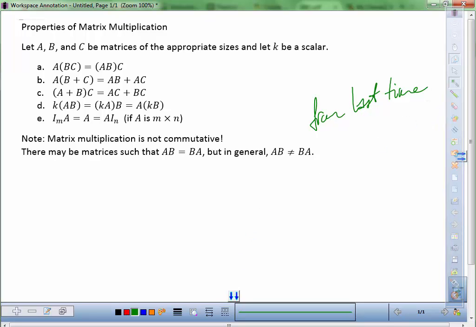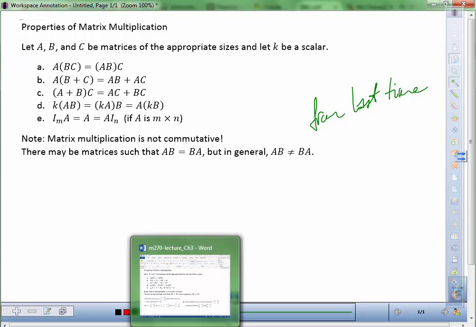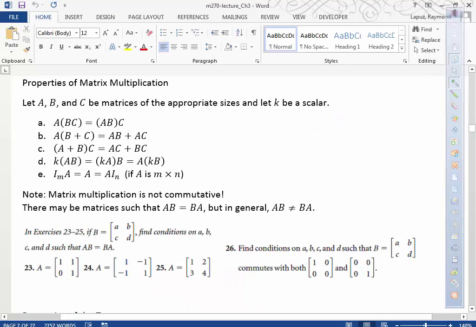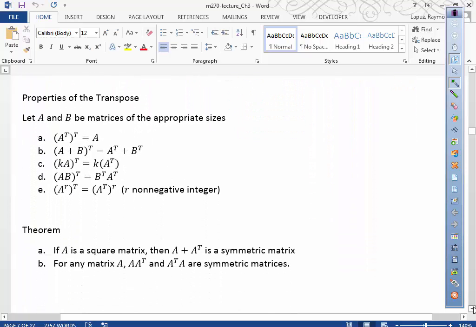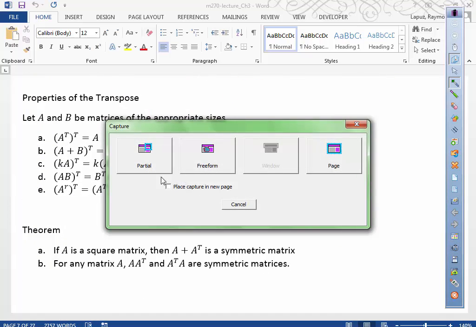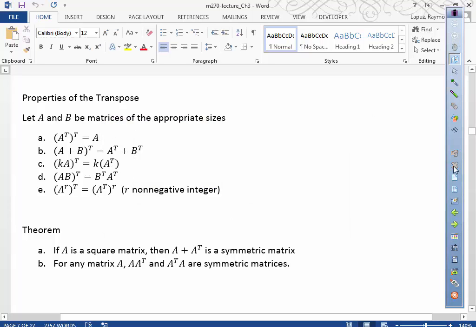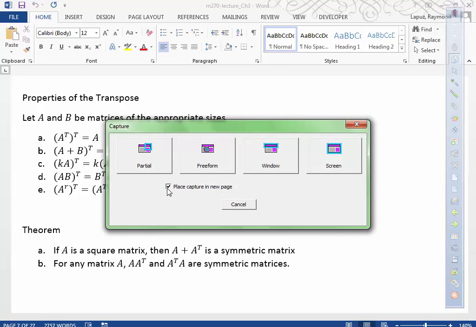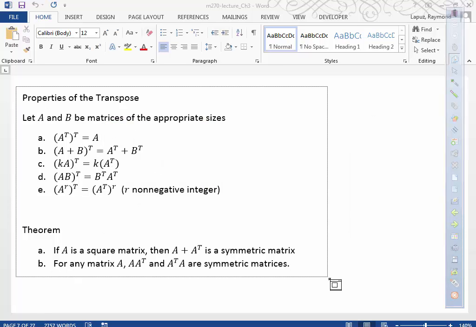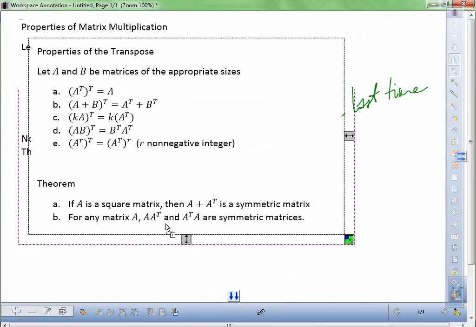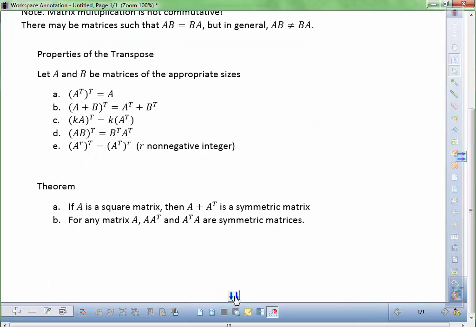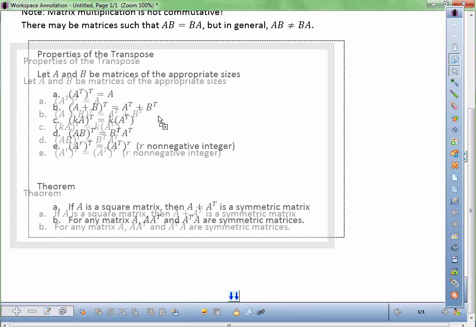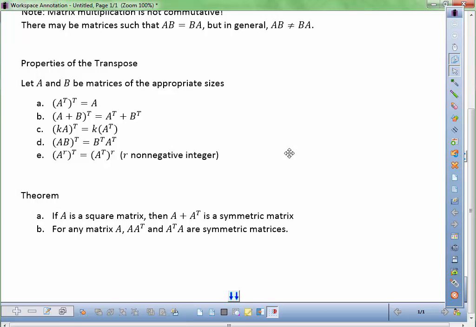And then I don't know if I threw the transpose in, but that's the next set of business. So a transpose of a matrix is essentially switching the rows and the columns.